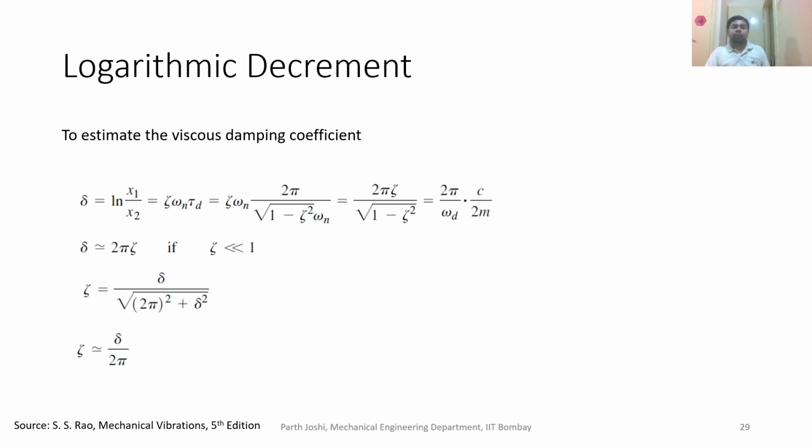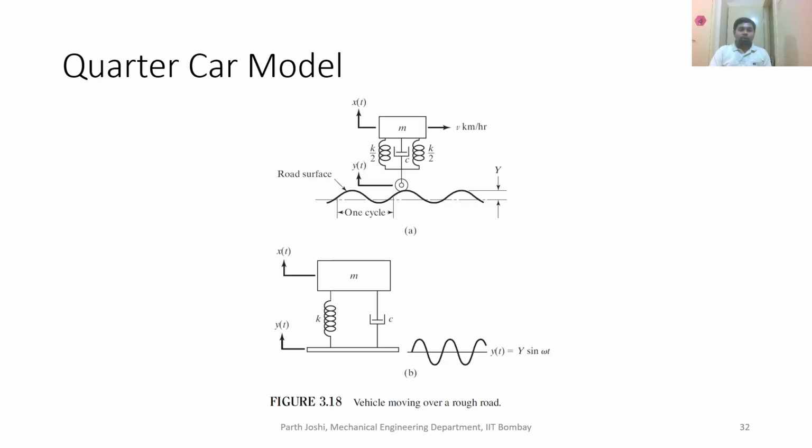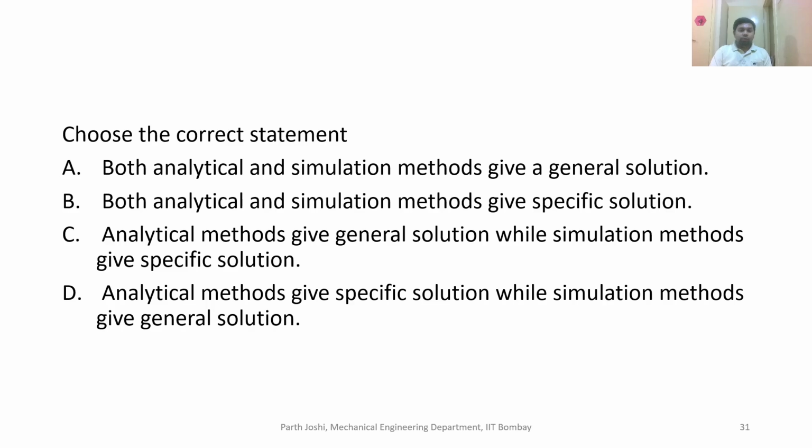I think you must be familiar with this part, logarithmic decrement, so I'll just skip those. In this question, we have the statement: as we understand, analytical methods give a general solution, and simulation methods give a specific solution. This is exactly what we saw in the demo.